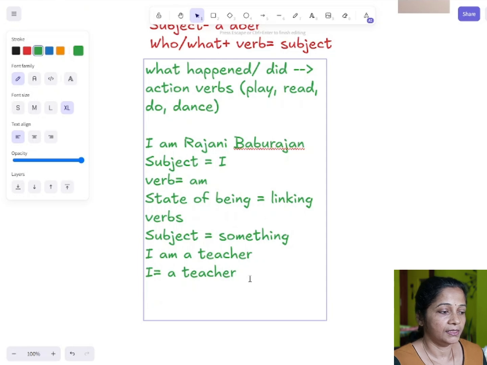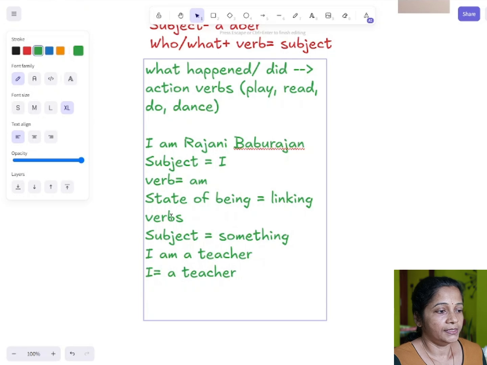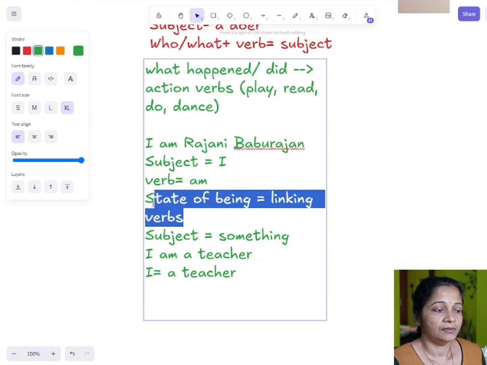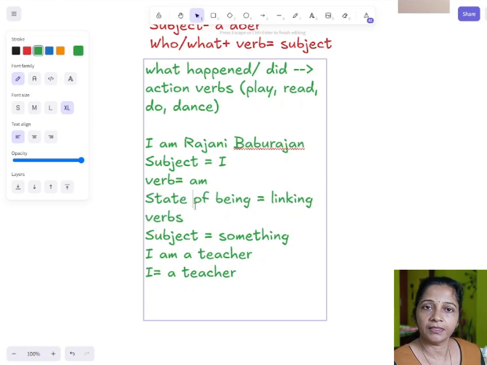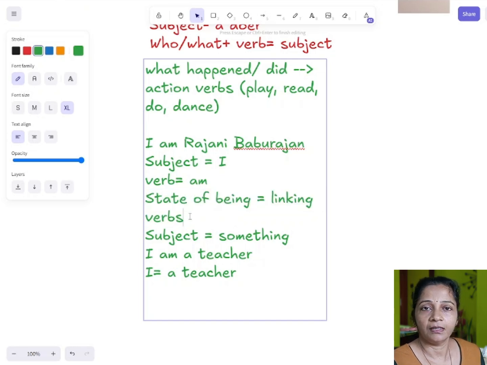This gives a logical sentence. So what did I say? Linking verbs. There are different types of linking verbs. All these linking verbs denote the state of being. So just to clarify that, verbs are two types. There can be action verbs, they can be linking verbs also. So generally there is a notion that we think that verbs are action words like jump, play, read, all these are verbs.